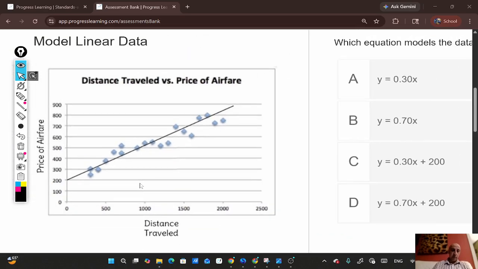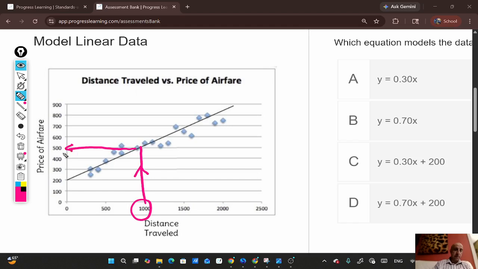So if the x or the distance is 1000, we go up as much as we can to reach this point.